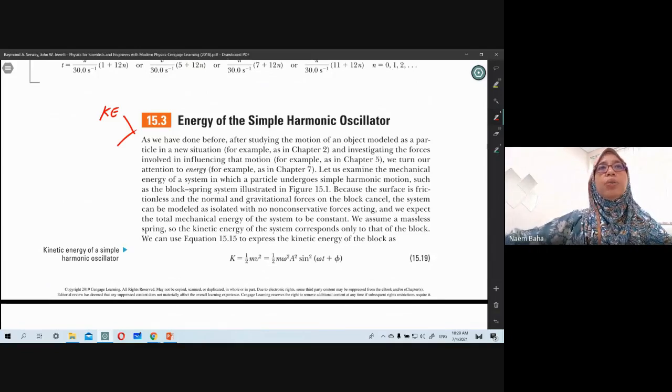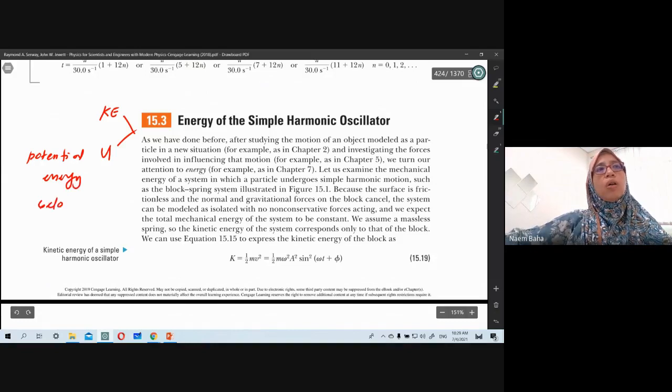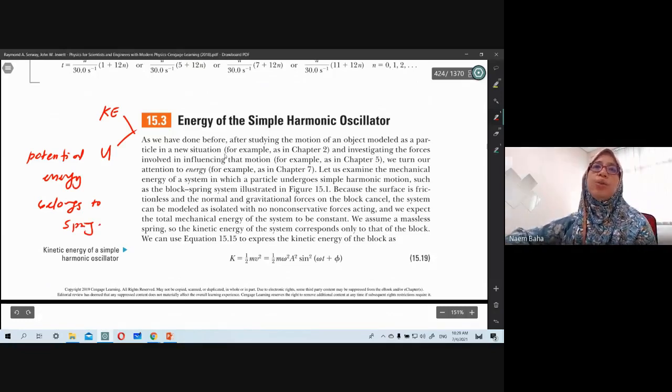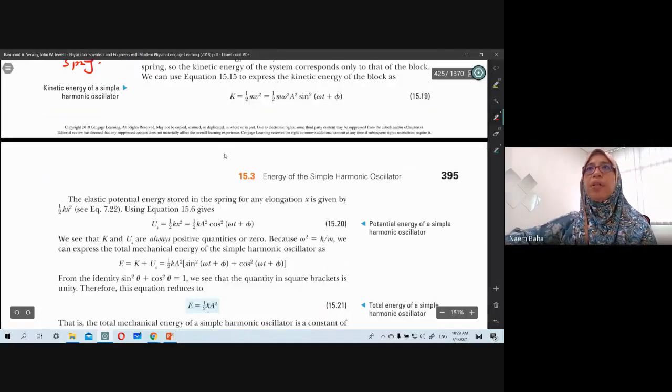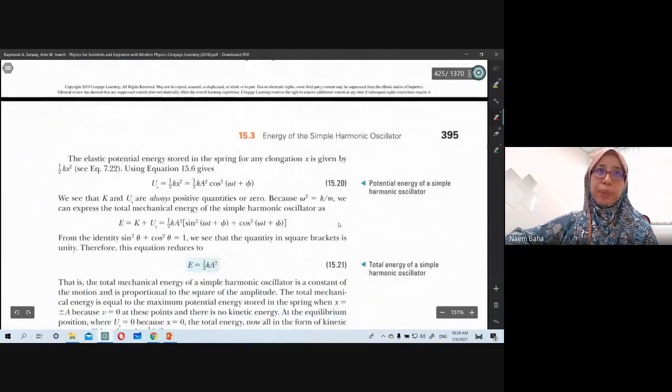And another is what we call U, potential energy of the spring. Potential energy belongs to the spring. Okay. Now, of these 2 energies, 15.19, 15.2, try to conclude the expression.